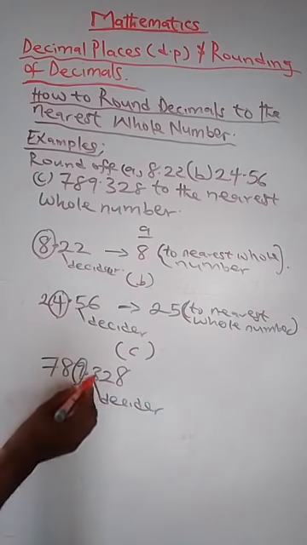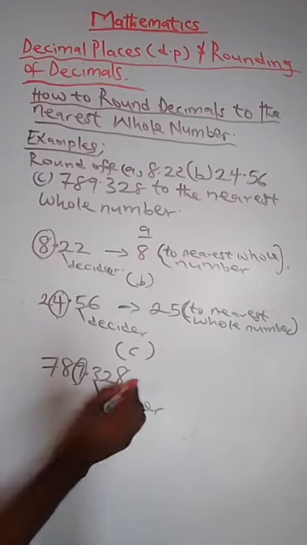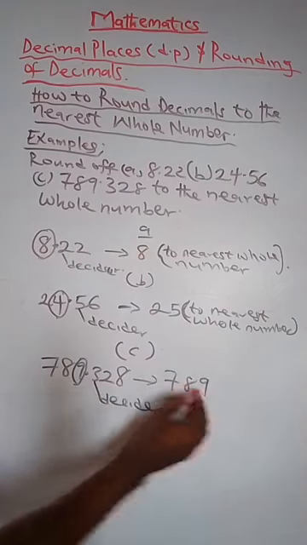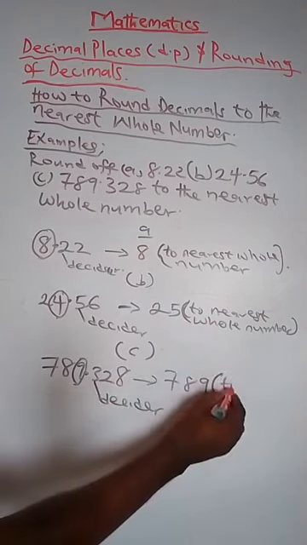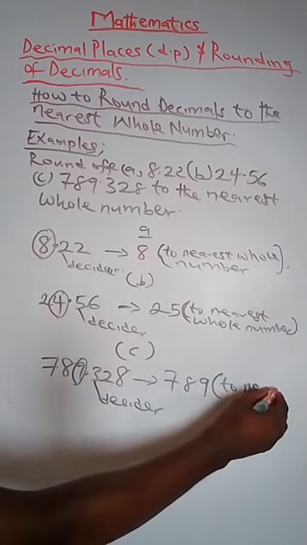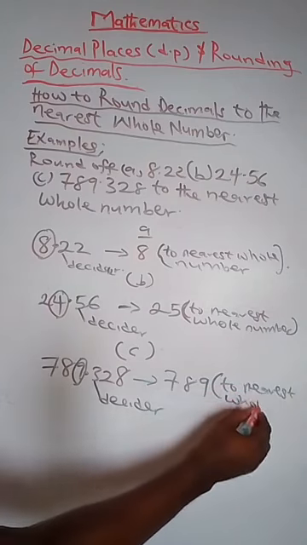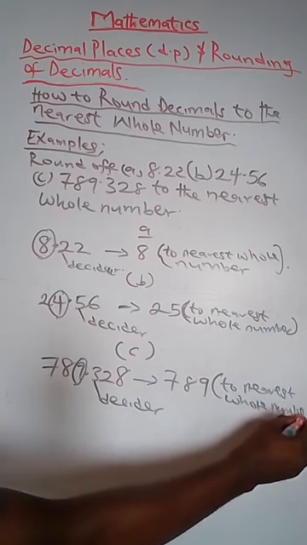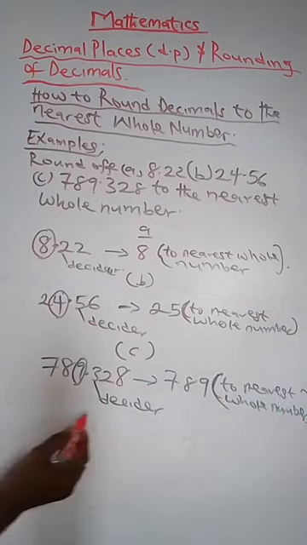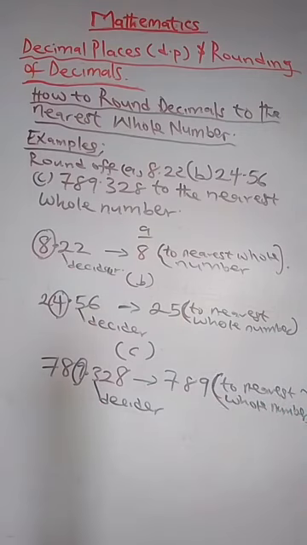So since the decider is 4 or less, we round down, and this will be 789 to nearest whole number. So far, so good. This is how to take numbers to different decimal places in mathematics, as well as rounding decimals to the nearest whole numbers.